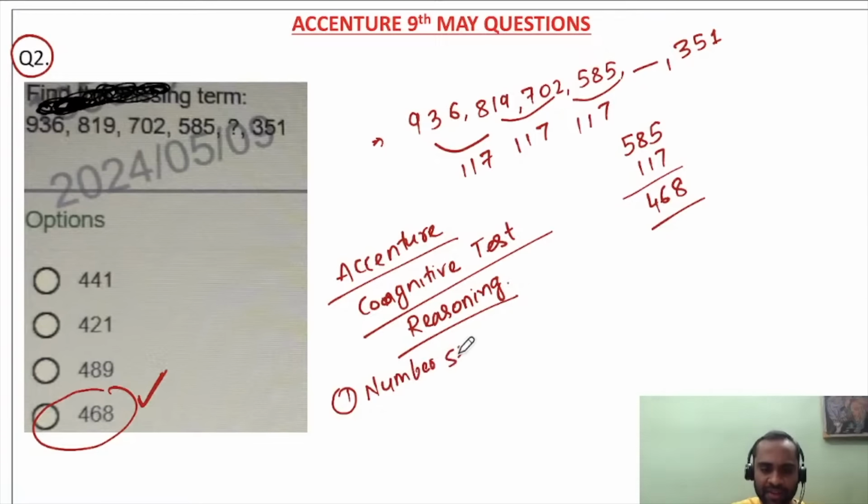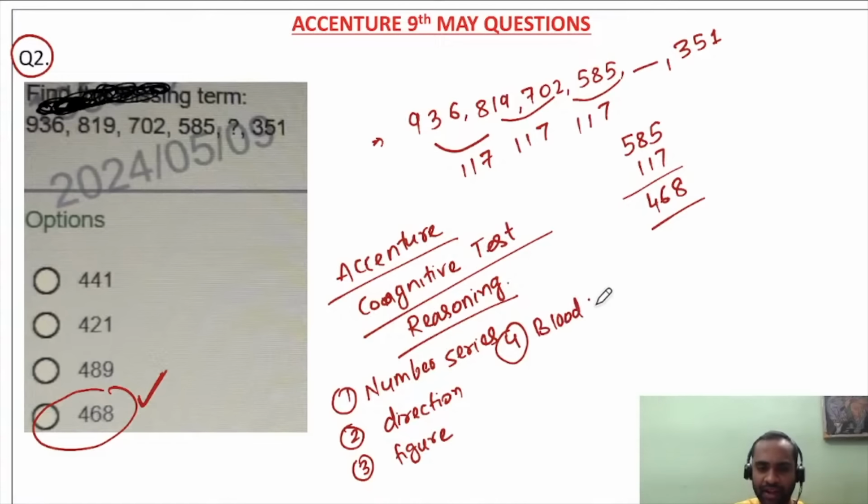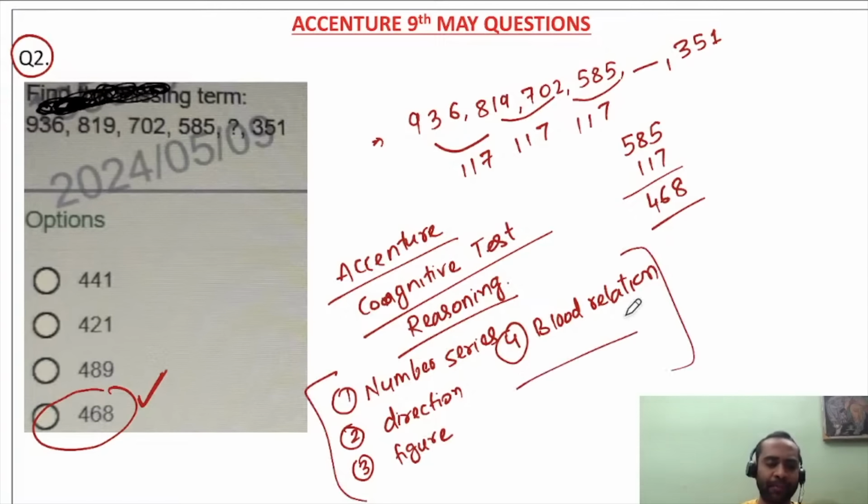You will have questions from direction, figure based, and blood relation. These are the questions which you will be getting in Accenture. At the end of this video, you will be able to know.